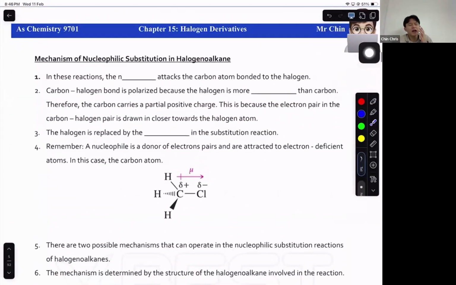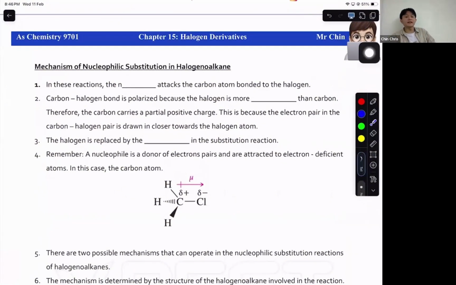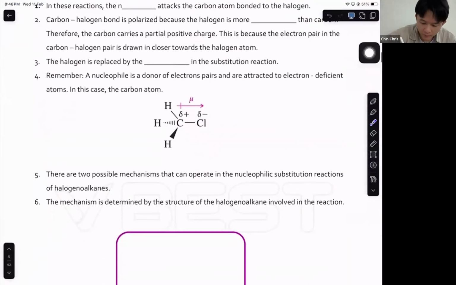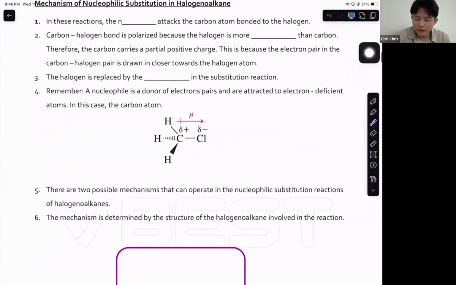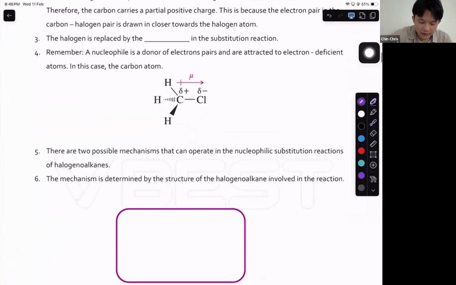Alright, guys, next what we have is the mechanism for any halogenoalkane. Remember that you have a halogen here, which is more delta negative, more electronegative, which means your carbon is gonna be delta positive. In this reaction, this delta positive carbon is gonna get attacked by a nucleophile.